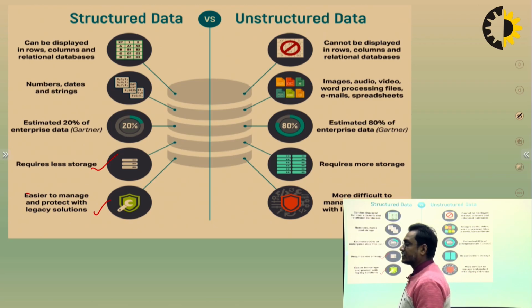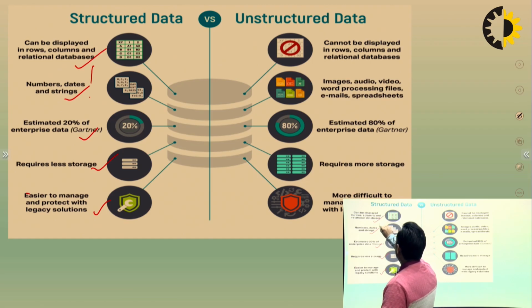Less storage. It is estimated to be 20% of enterprise data: numbers, dates and strings, data in the format of numbers, dates, and strings that can be displayed in rows and columns in a relational database.